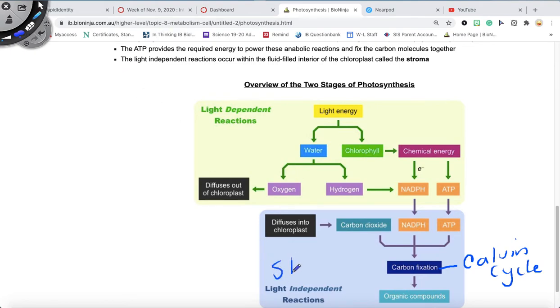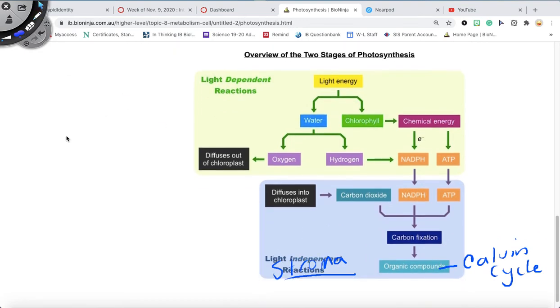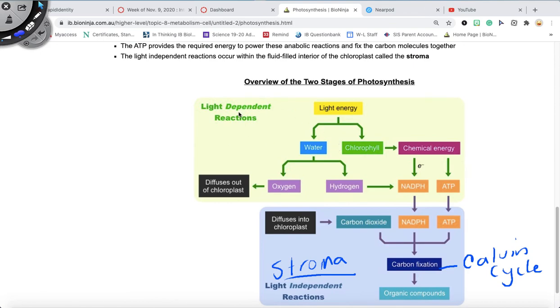The light independent reactions happen in the stroma of the chloroplast, which is the fluid filled interior of the chloroplast. So we are going to spend some time looking at more detail in the light dependent and light independent reactions. But this is a quick overview of how photosynthesis happens.